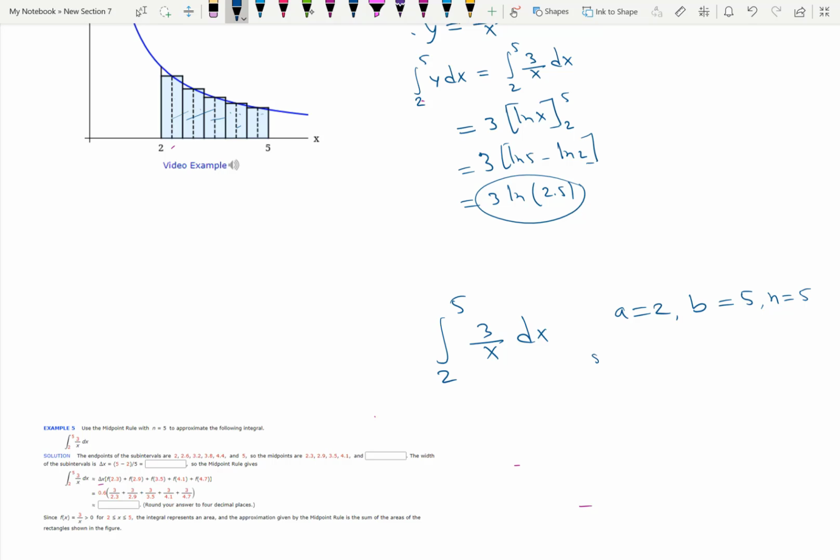So what would be the step size? Step size means the length of this part, and this 5 means 5 subintervals. Did you see here we have 1 2 3 4 5, total 5 rectangles here. So step size would be b minus a over n, which is 5 minus 2 over 5, which is 3 over 5, and it is 0.6.